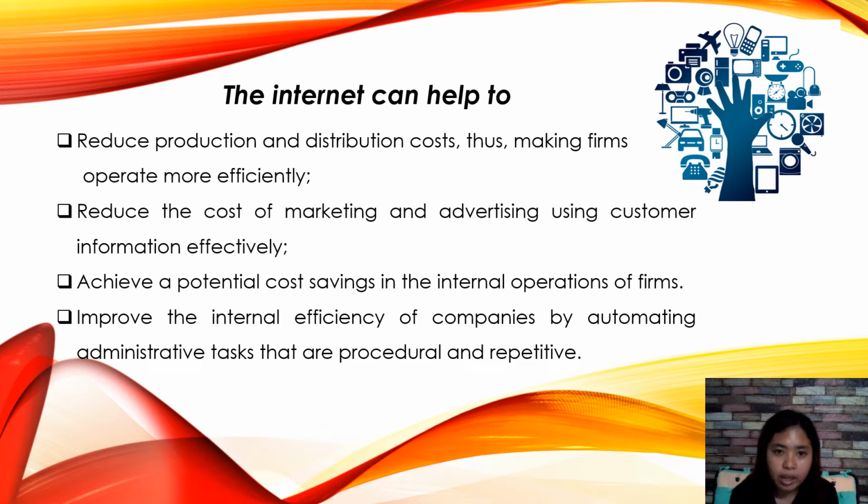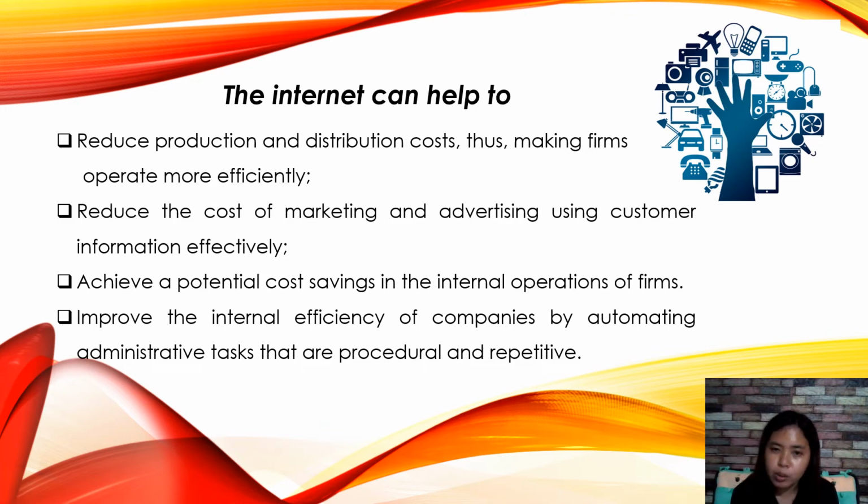Next is the internet can help to achieve potential cost savings in the internal operations of firms. So this may include inventory management, and it also applies to the logistics of distribution, where electronic monitoring of all goods movements help ensure the delivery times are met.